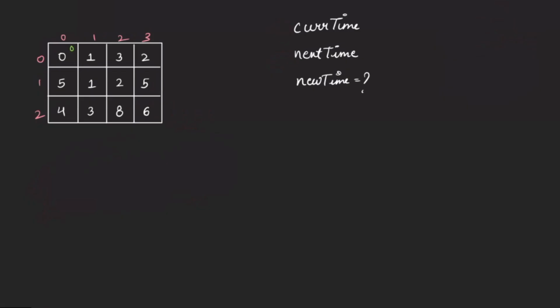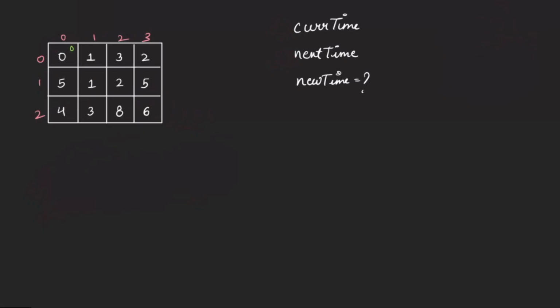Current time I know with the current cell, and next time is for the next neighboring cell that I am considering, right? So whenever I move from my current cell to the next cell, my time will always be increased by 1. It is mentioned in the question that whenever we make one move, our time will be increased by 1 second.